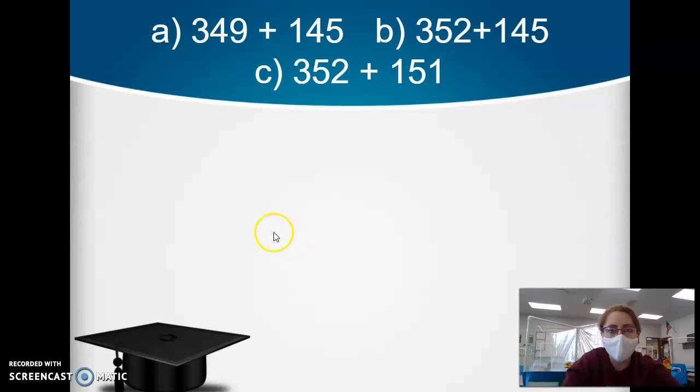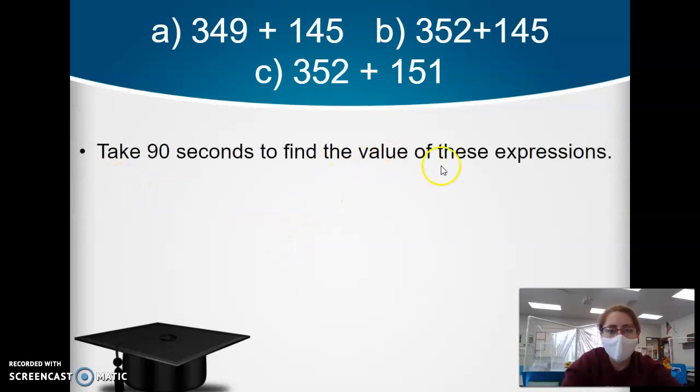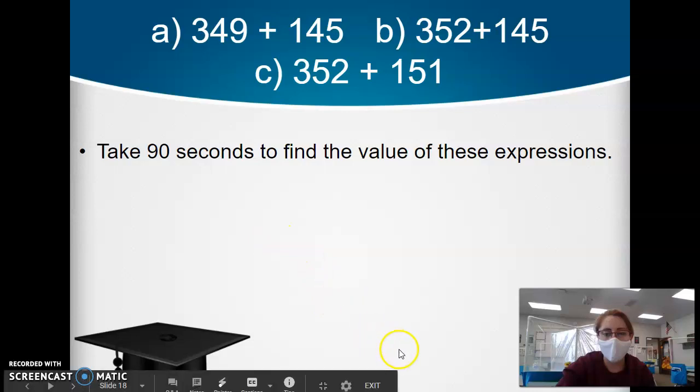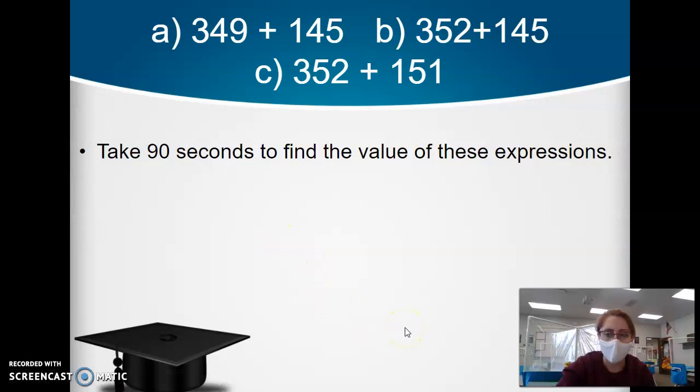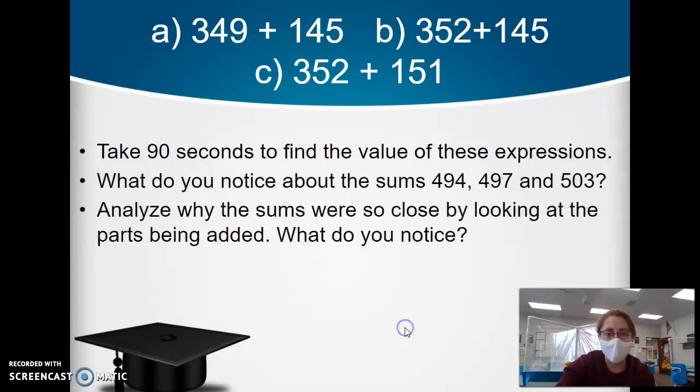All right, keep going. Take 90 seconds to find the value of these expressions. So try 349 plus 145, then try 352 plus 145, 352 plus 151. Okay, go ahead and try finding those. You can pause the video if you need to, and then press continue. All right.